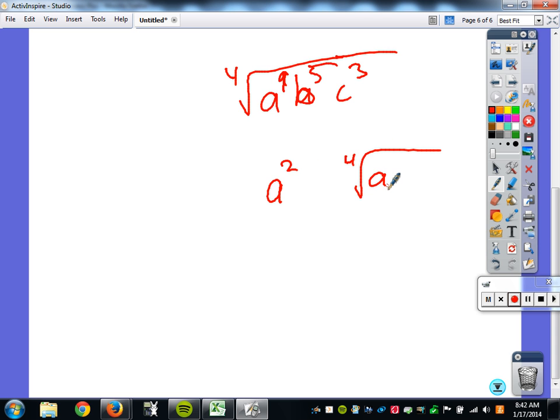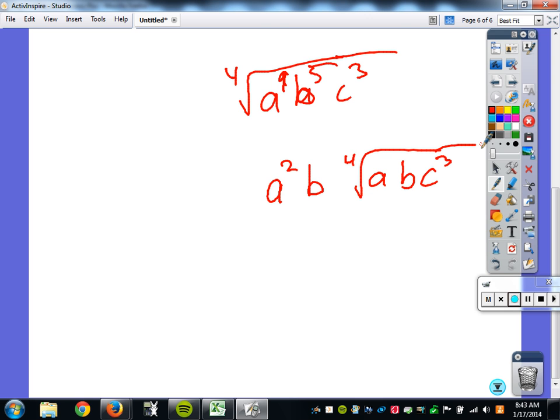Does everybody see that? Ms. Underwood, you okay? How many times can 4 go into 5? Once with 1 left over. Right? And then c cubed just stays under. None of them can come out, so it has to stay under.